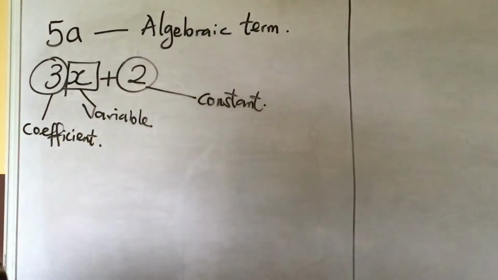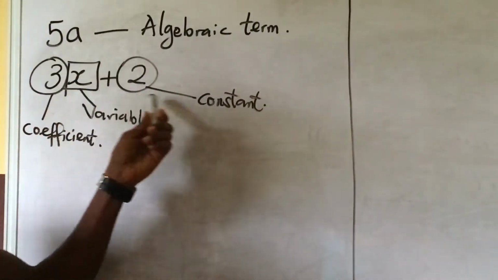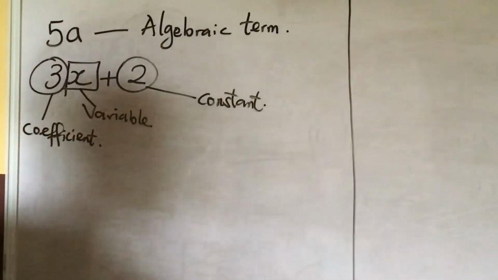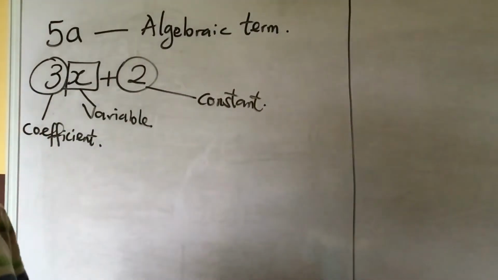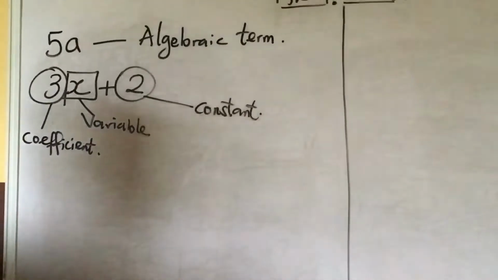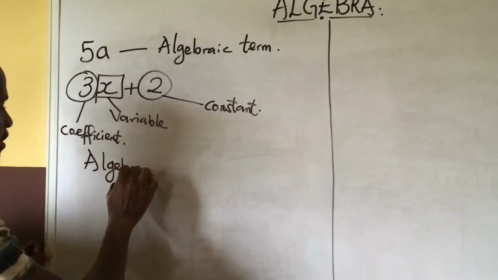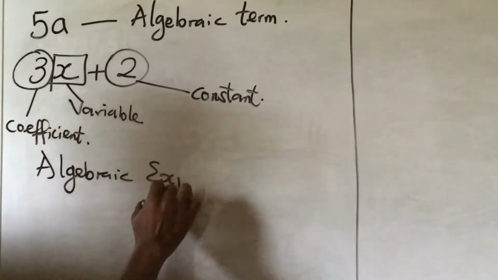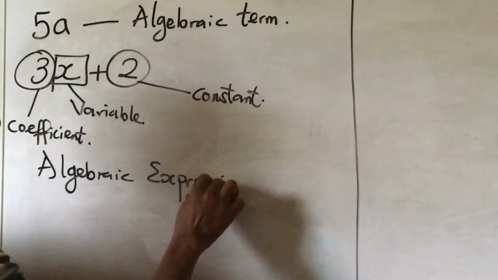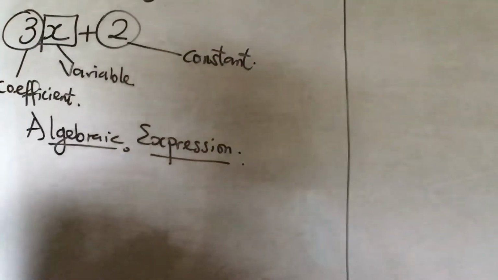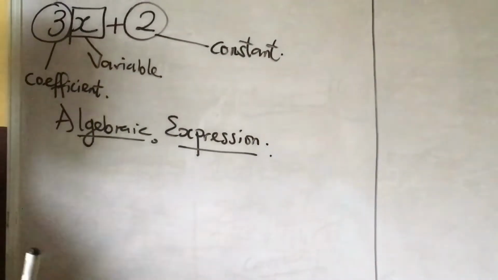Okay, so now this expression here, 3x plus 2, is an expression, and that will take me to algebraic expression. Alright, so let me quickly look at algebraic expression. Now in algebra, we have expression and equation.